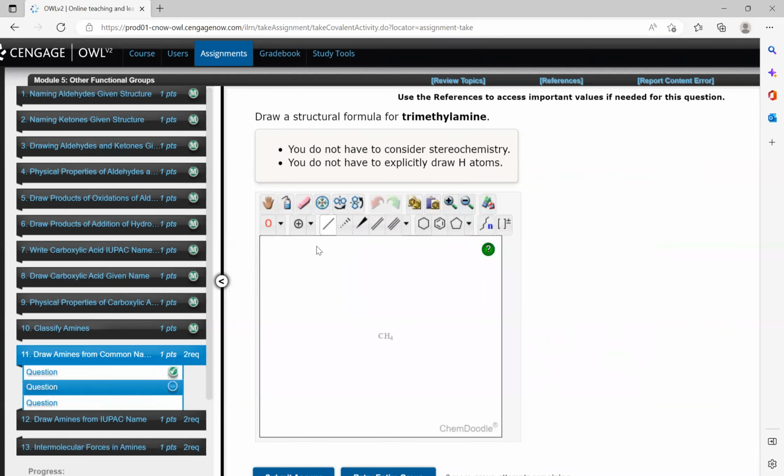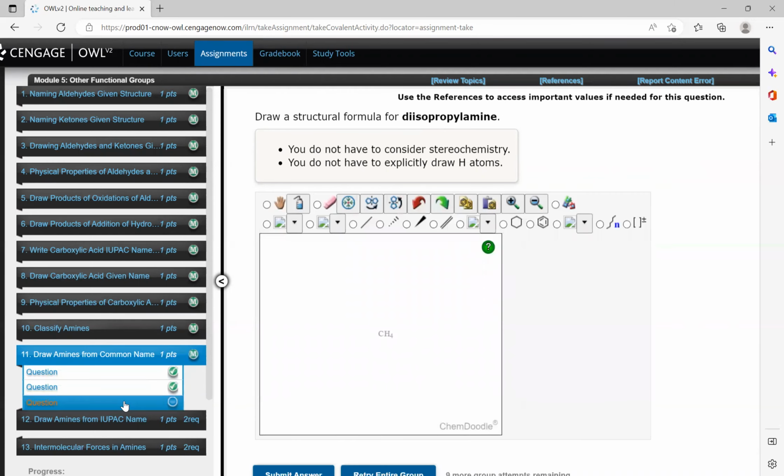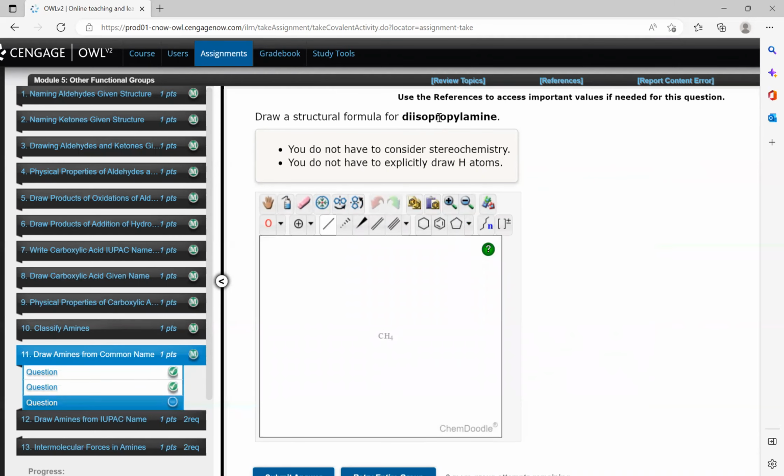All right, this one says triethylamine. So again, in the middle, you'd have your nitrogen, and you're going to just have 3 ethyl groups coming off of it, like this. All right, this says diisopropylamine. So again, same thing. You have this, and then we just draw those isopropyls.